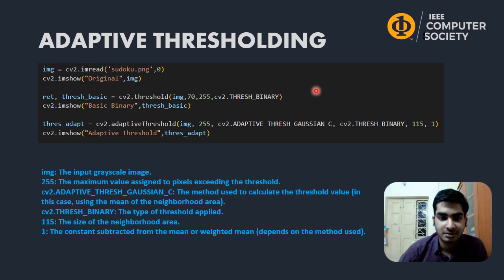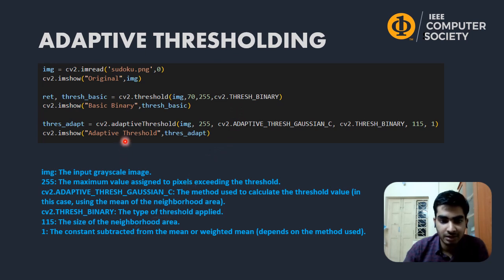Now we'll see another method called adaptive thresholding. The image IMG is an input grayscale image. Since we have used 0 as a parameter here, that means the input image is a grayscale. If we use 1, then it's a color image. So we are performing the normal inbuilt cv2 dot threshold method.